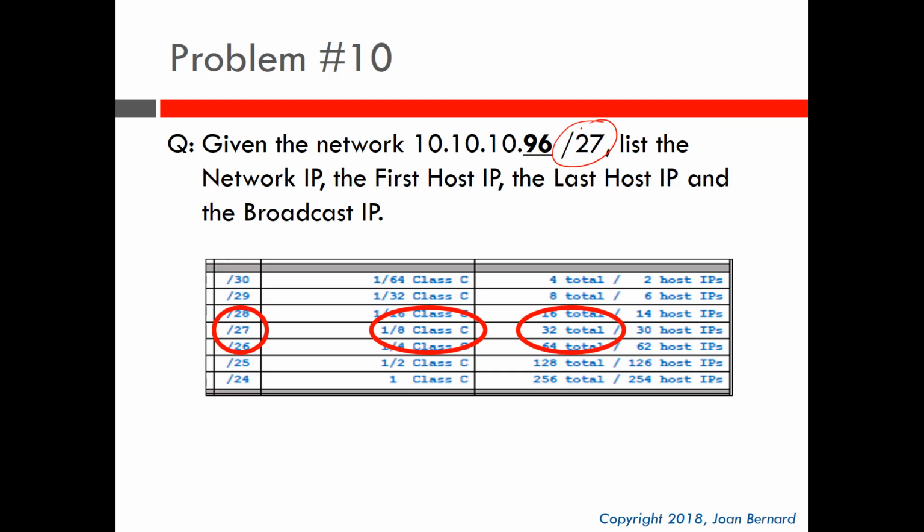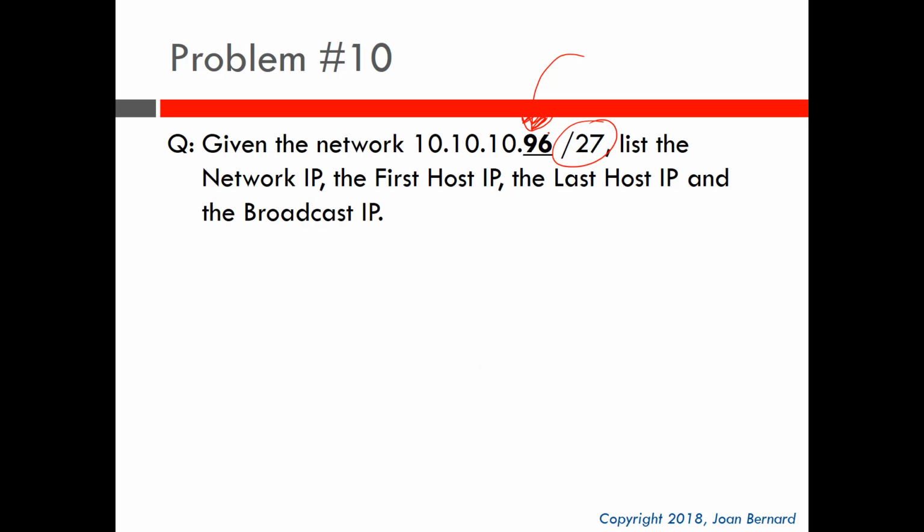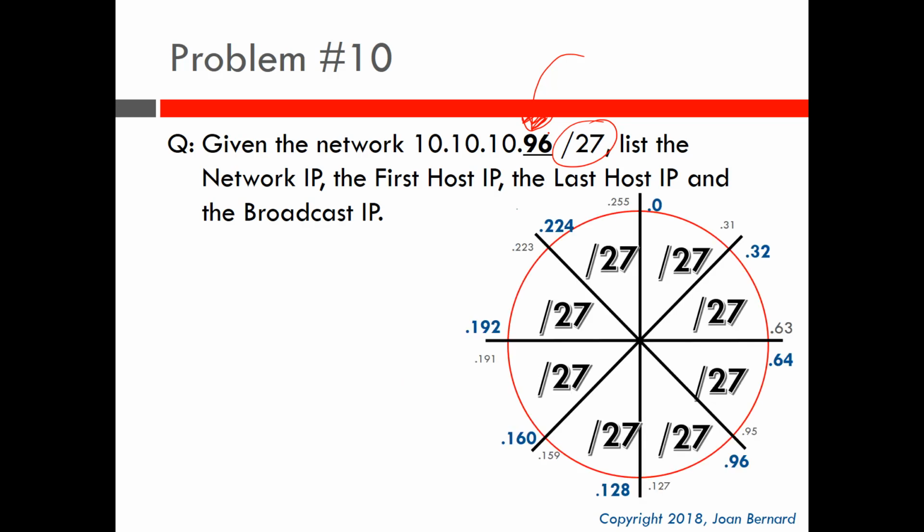Check out my subnetting cheat sheet, get reminded: /27, 32 total IP addresses, can be represented as one of the 8 slices in that subnetting pie. And where I'm going to be starting is not at 0, but at 96. So I take a look at this subnetting pie and find where 96 is going to start.